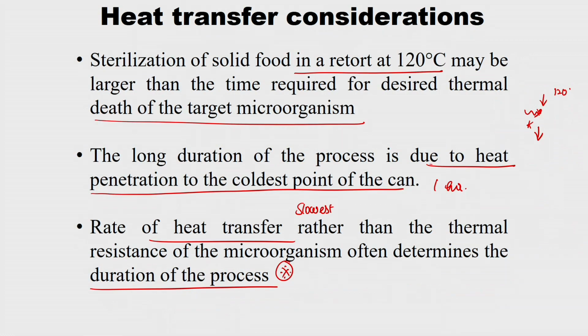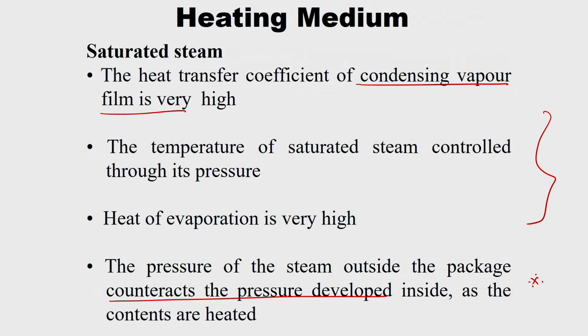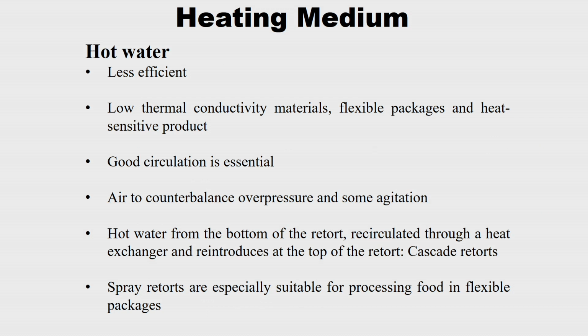This thermal gradient causes thermal stresses, but outside, your steam will be of high pressure. So this thermal stress is developed for low thermal conductivity material, which makes an unfavorable situation. So we have certain advantages of this kind, but one also needs to take care whether the packaging material is of low or high thermal conductivity. That is one issue with saturated steam.